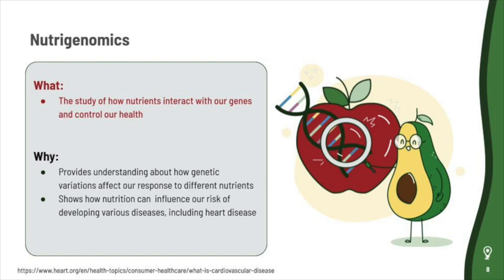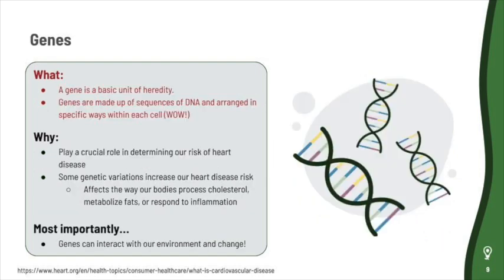Our genes play a crucial role in determining our risk for heart disease. Certain genetic variations can increase our risk of developing heart disease by affecting the way our bodies process things like cholesterol, metabolize fats, or respond to inflammation. However, the good news is that our genes are not fixed.